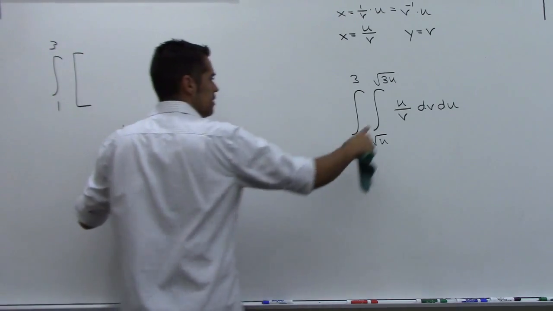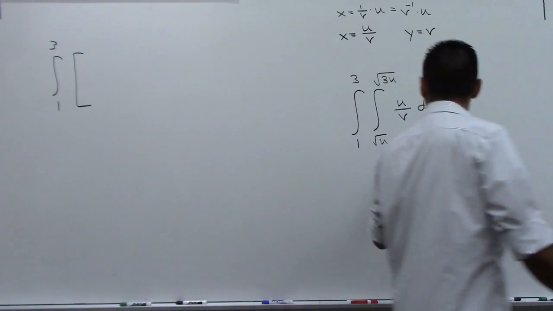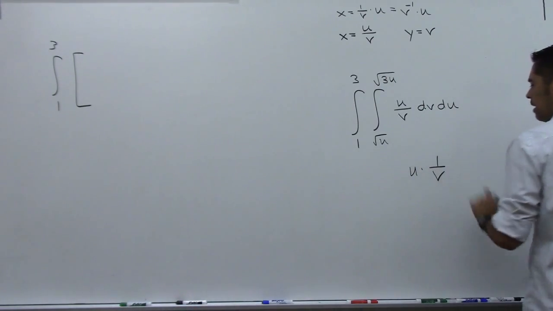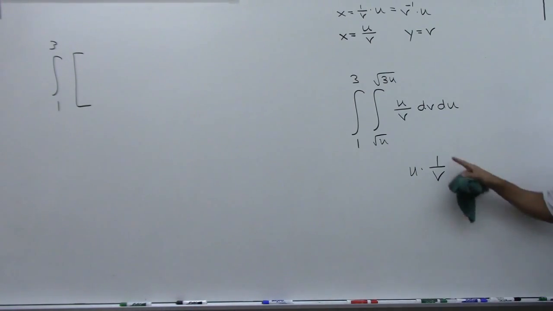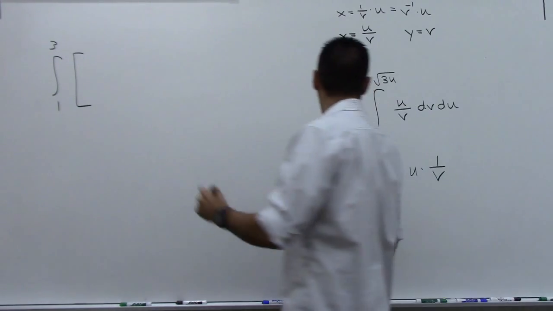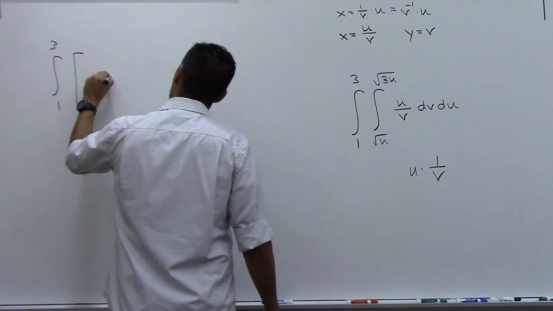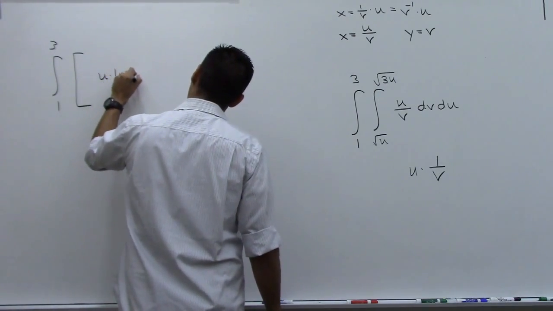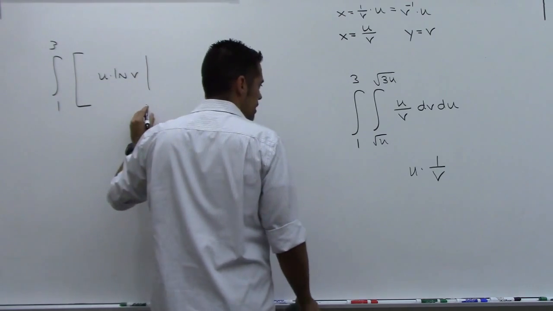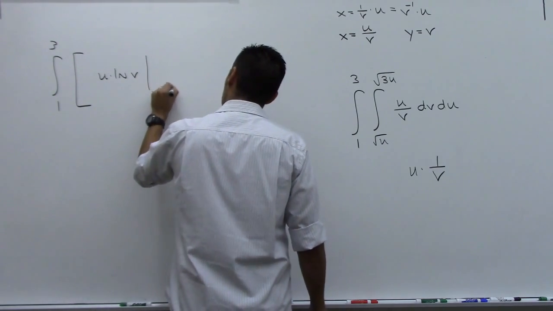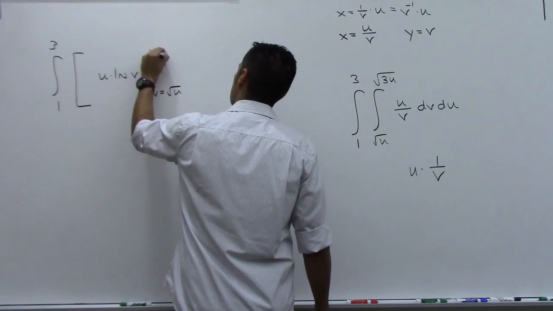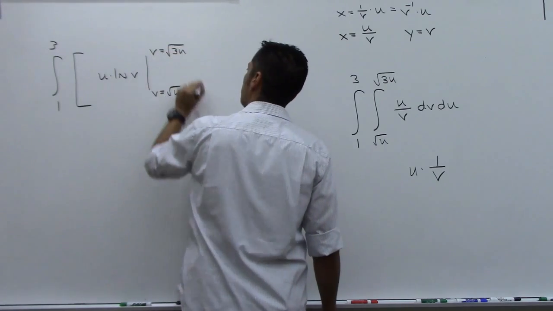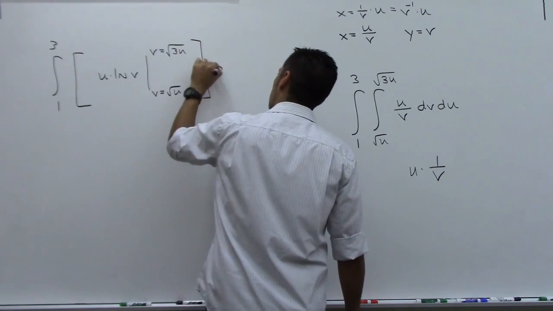Now the antiderivative of u over v, remember u over v is u times 1 over v. So u is a constant here. Antiderivative of 1 over v is natural log v. So I'm going to get u times natural log v evaluated from v equals root u to v equals root 3u, and then all of that du.